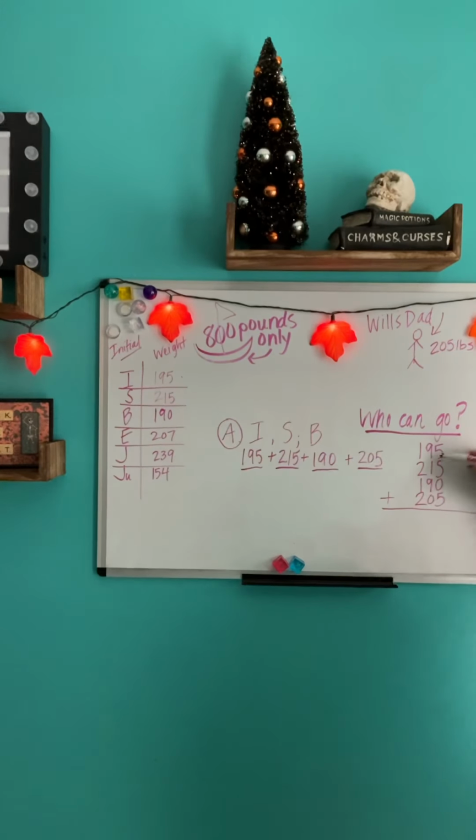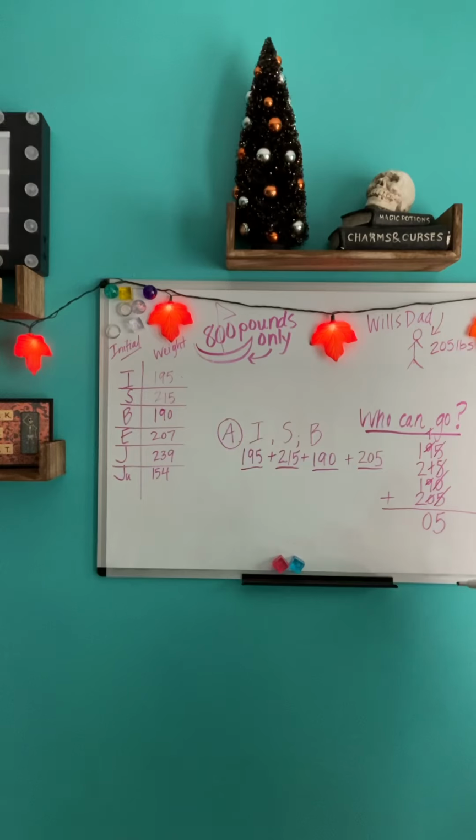So, 5 plus 5 is 10, plus nothing, 15. I put the 5. I can't put the 10 there, so I carry it to the tens place. And I know 9 plus 9. Do you know your doubles? That's 18, 19, 20, and nothing. So I put the 0.